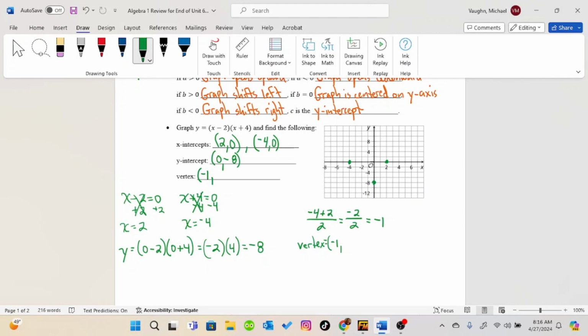Now we're going to substitute that into the equation. Y equals negative 1 minus 2 times negative 1 plus 4. Negative 1 minus 2 is negative 3.